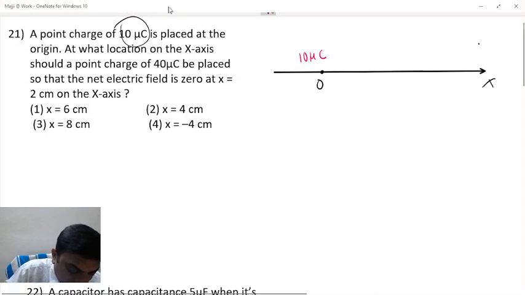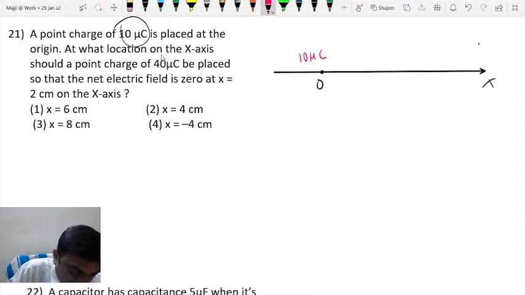and you are asked to find the position of the 40 microcoulomb charge, so that the electric field at 2 cm is 0. Suppose this is a point P at 2 centimeter. We want the electric field to be 0 here. The electric field due to this charge will be in this direction.